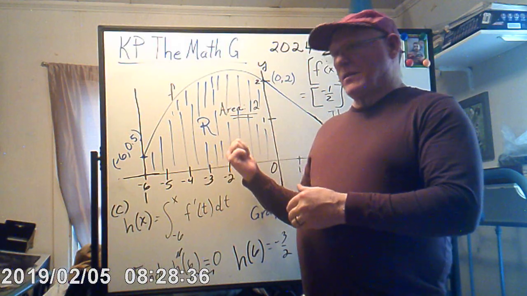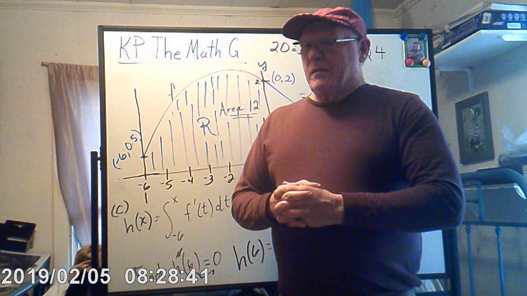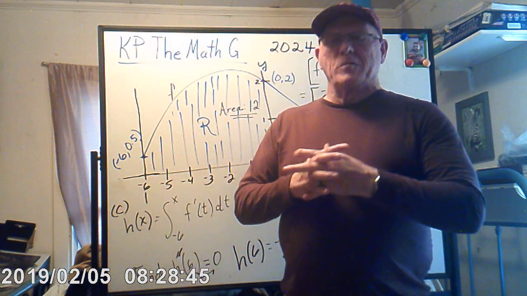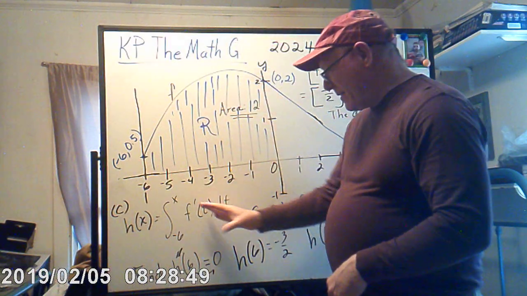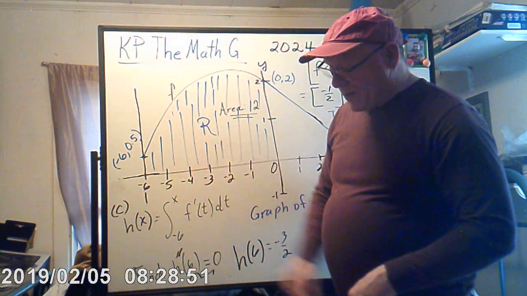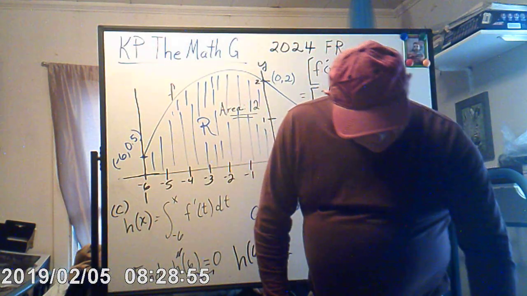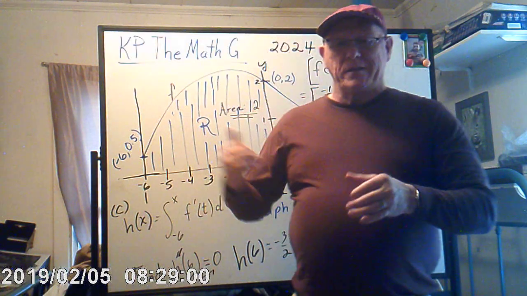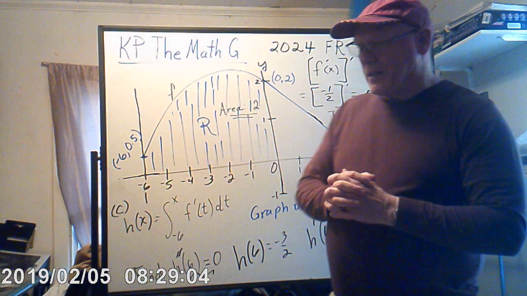Not 100% sure, but I'm almost 100% sure that you're going to see something like this. And the A part and the C part, and I could do the B part, but I'm not going to. It is easy, but I'm not going to worry about that. That's the basic ideas, the A part and the C part of this.